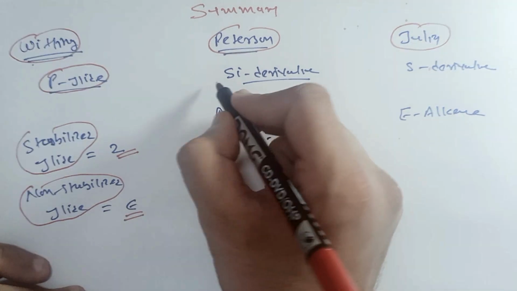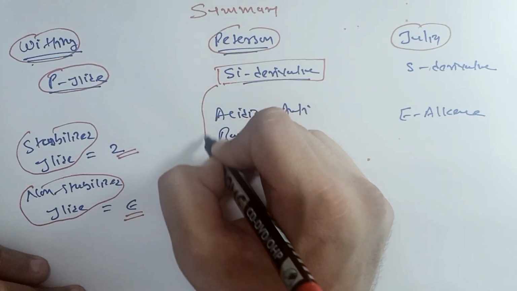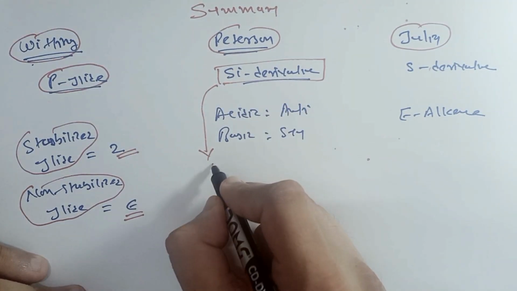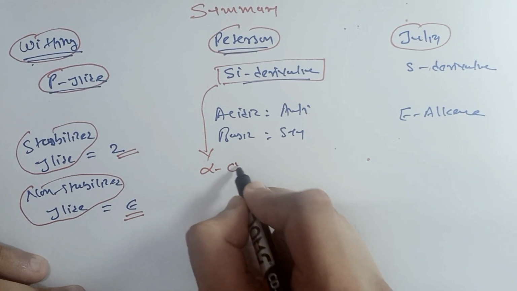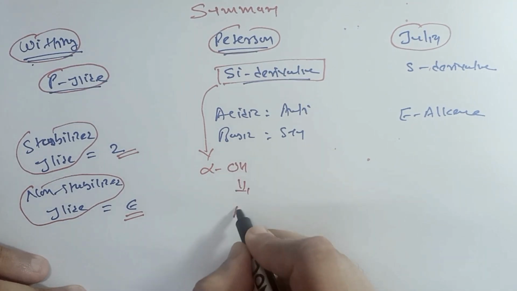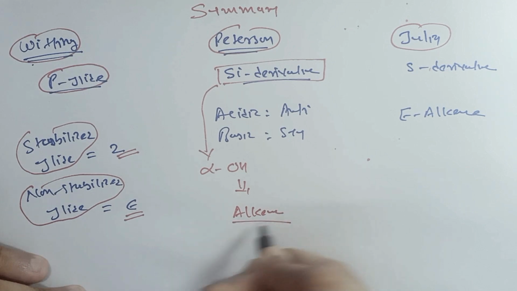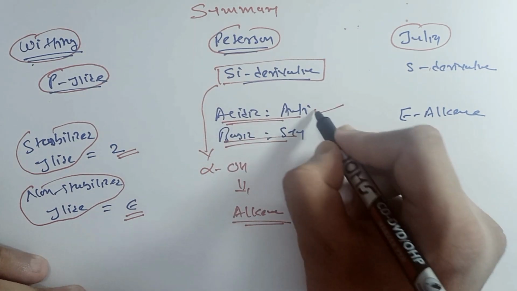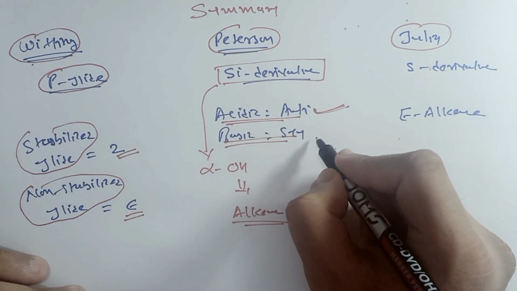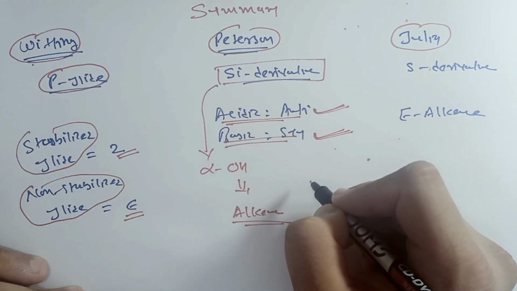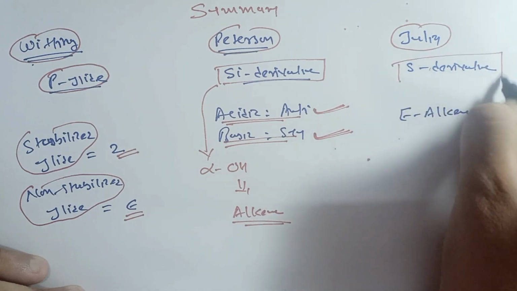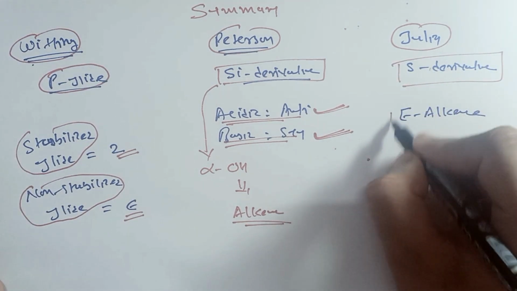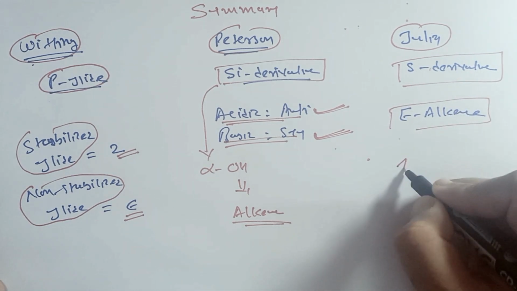Now in the Peterson reaction you have to remember that if we have a silicon compound adjacent to the alpha position with an OH group, it will produce an alkene. You have to remember these two terms: in acidic condition it will produce an anti-elimination, and in basic condition it will produce a syn elimination reaction. Now it is very important for the Julia olefination reaction, that is a sulfone derivative, and it will produce an E alkene. Thank you for watching it.